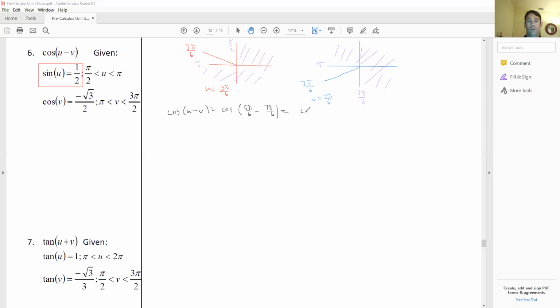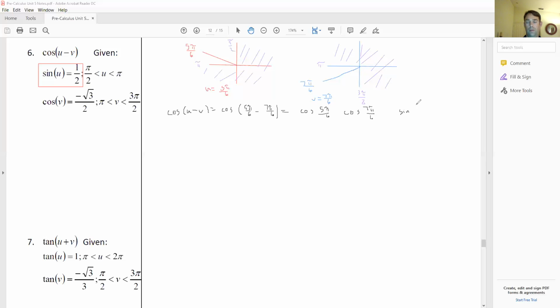So cosine, cosine, sine, sine. And I could actually have changed that to negative 2 pi over 6 to solve it, but I'm going to go ahead and just practice using my sum and difference formulas here.